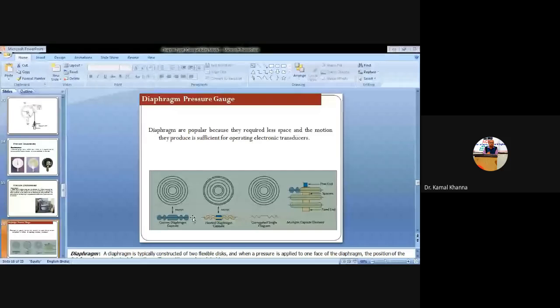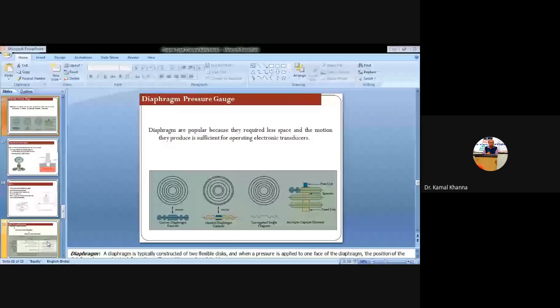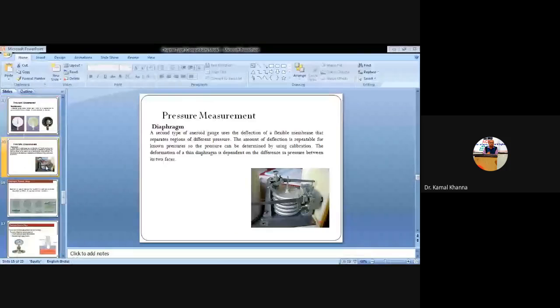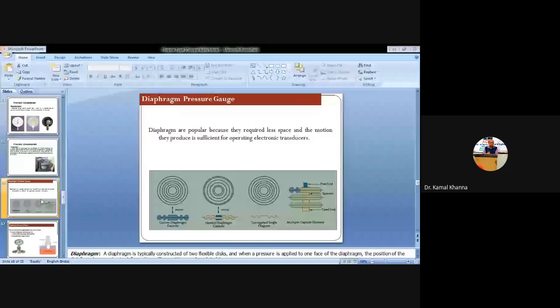A similar kind of diaphragm is being used in the lower portion of the diaphragm pressure gauge, so you can see that the diaphragm replaces the Bourdon tube. As in the case of the Bourdon tube gauge, that diaphragm is exposed to the fluid pressure, and its movement is transmitted by a similar arrangement as in the Bourdon tube.